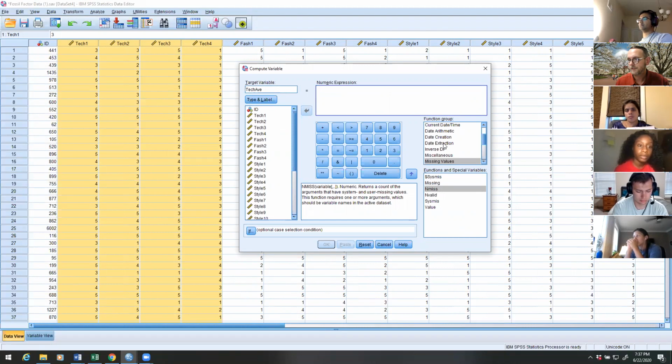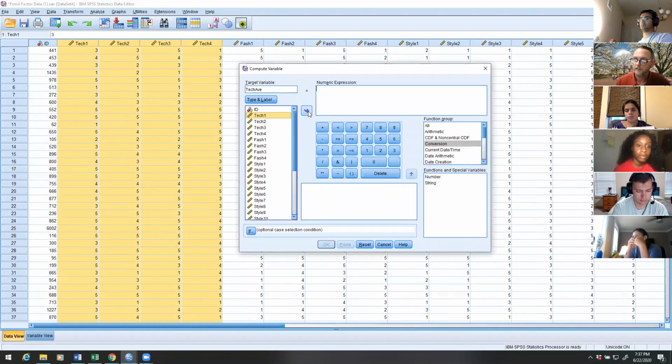You could use the average function, I can't remember which one it is, or you could just create your variable like anything else, where you add these up and divide by the number of variables. So we add tech 1, 2, 3, and 4, and then divide that sum by 4. It gives us the mean of that variable for each respondent.